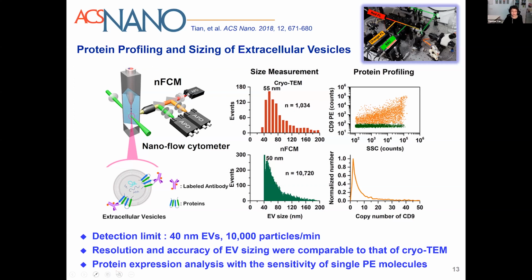And the protein expression can be analyzed with the sensitivity of single molecules. So this instrument enables the simultaneous detection of the side scattering and the 2 fluorescence signals of single EVs.